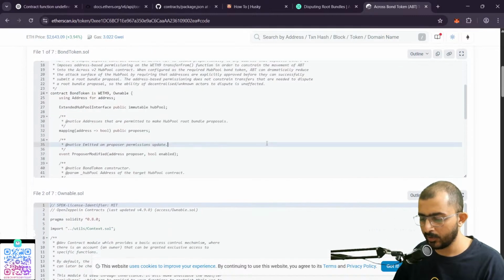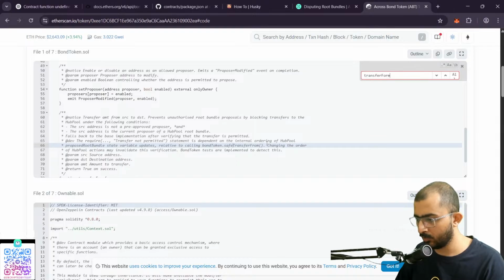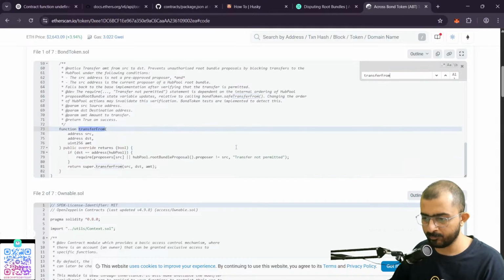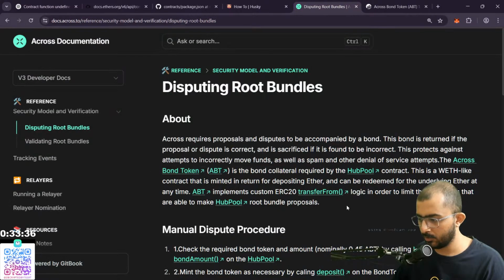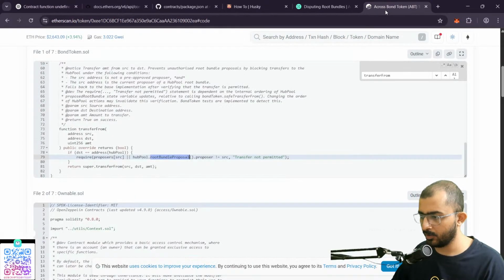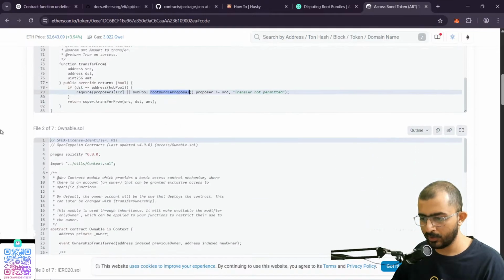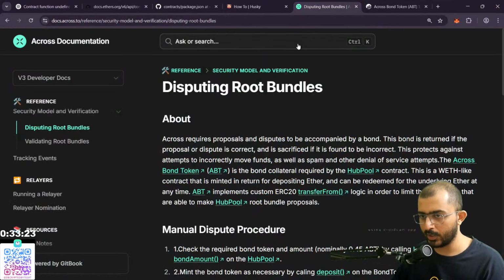Okay, bond token. They said custom transfer from. Require proposal or, okay, but for disputes and, they're saying it is for both, like disputes and this part.